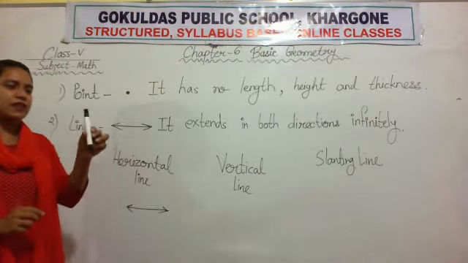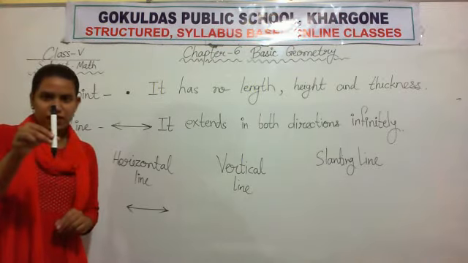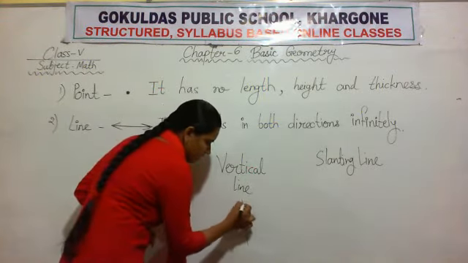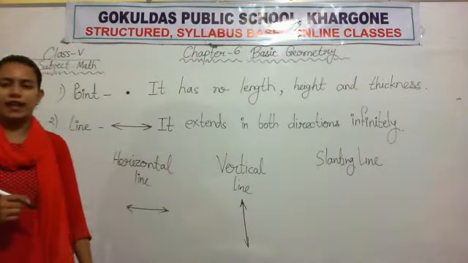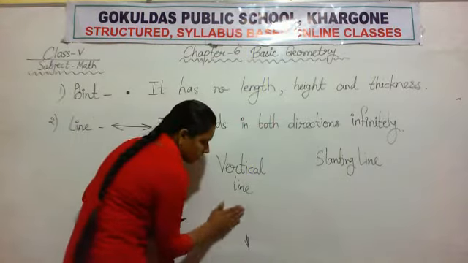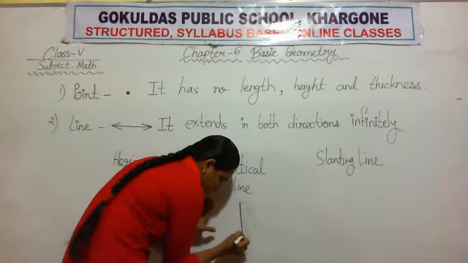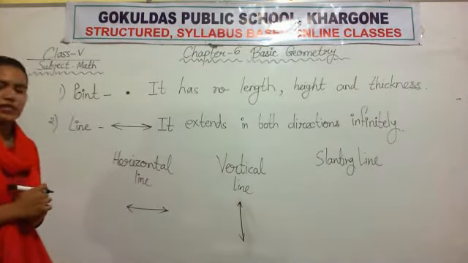If a line is in standing position, like this marker, standing position means the line is like this, we call it a vertical line.